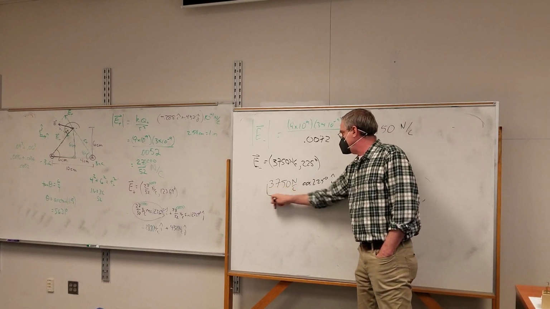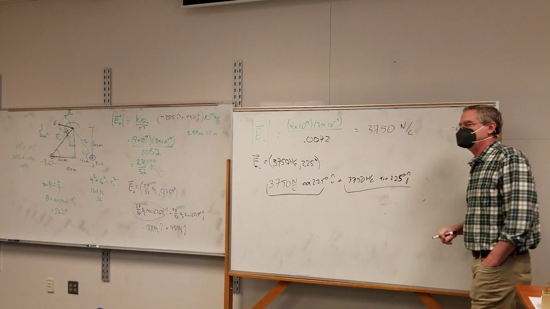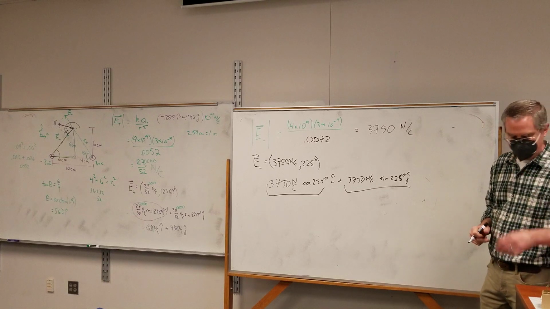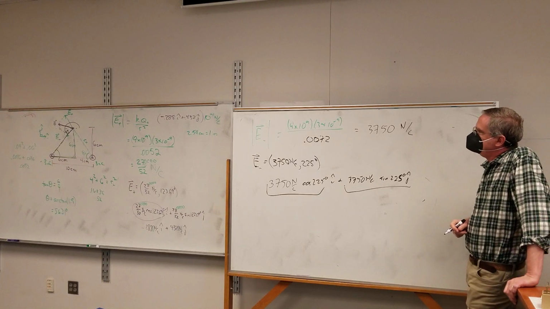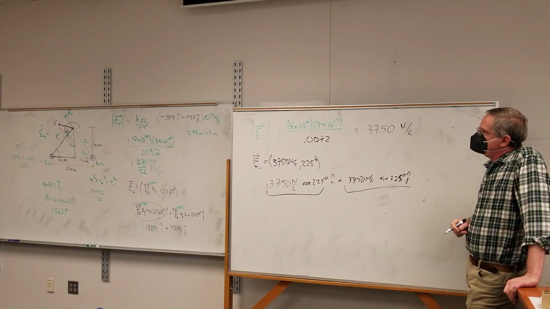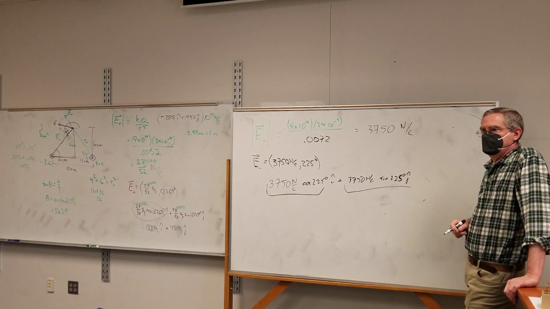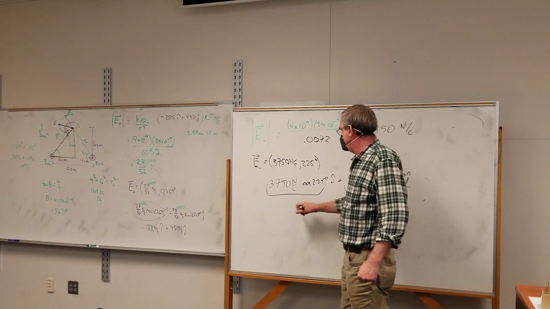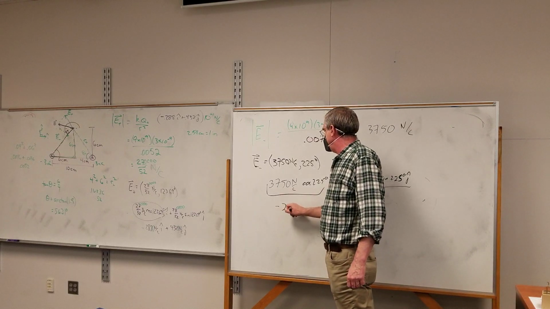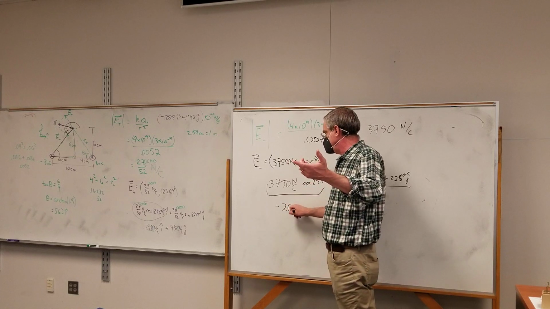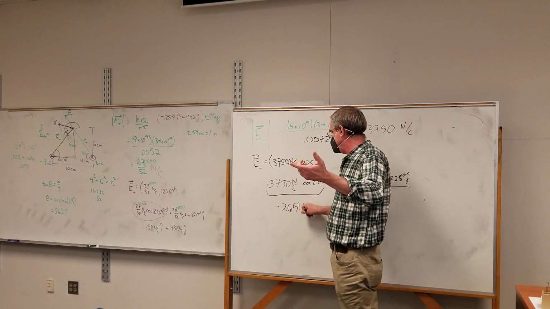And what do we get? For cosine, it's going to be negative 2,651.65. Say it again, 2,651.65.